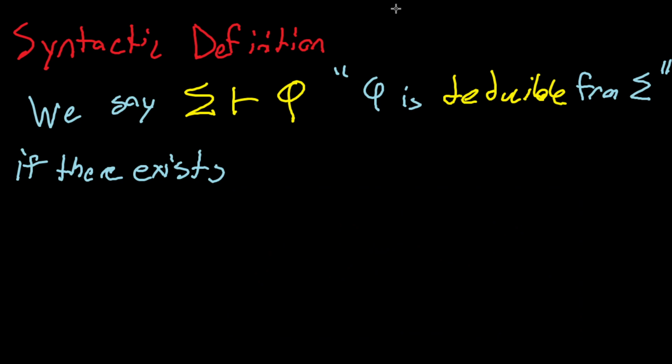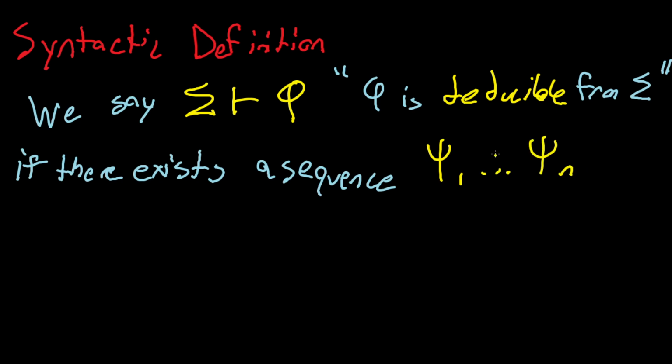Well, the idea is, a proof will be formalized as a sequence of sentences where all the sentences are true. That's the idea. So a sequence, phi 1 through phi n, right? So this is just a sequence of true sentences.